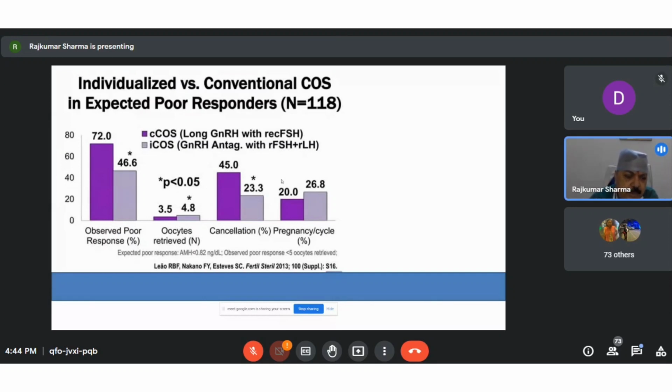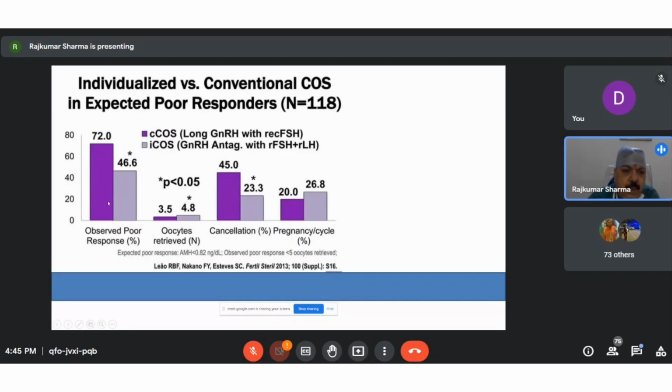Which one is a better choice? The conventional protocol, that means the GnRH agonist long protocol which we were using earlier with recombinant FSH, or the individualized controlled ovarian hyperstimulation with antagonist and recombinant FSH and LH?